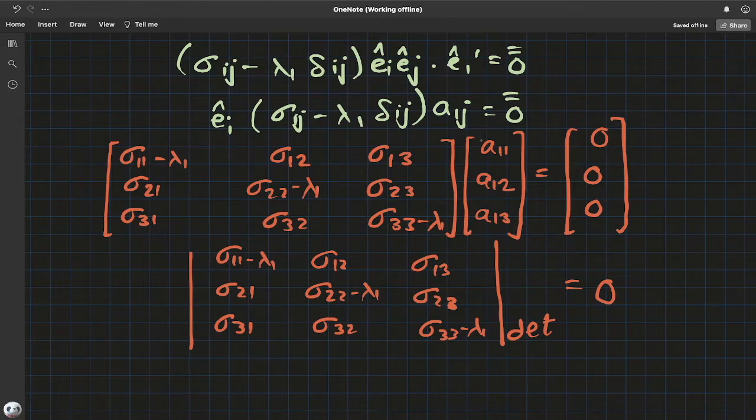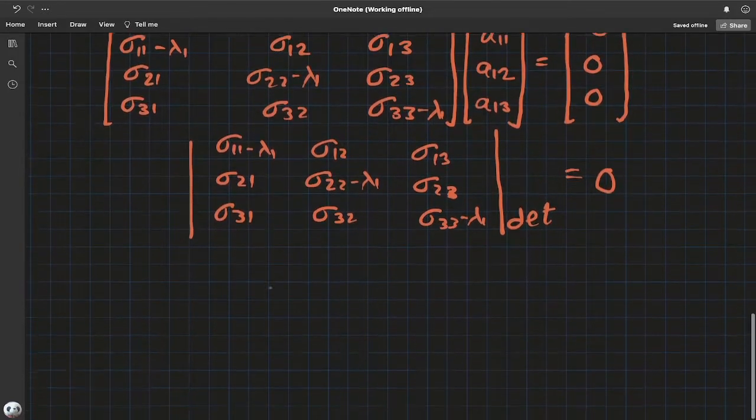Because the way I see this, A11, A12, A13 should really not go to 0. They shouldn't be a trivial solution. So the only way of making this 0 is if the columns of this matrix are linearly dependent, so that its null space is not trivial, its kernel is not trivial. And the way to ensure that is to set the determinant to 0. That's the surest way to do that.